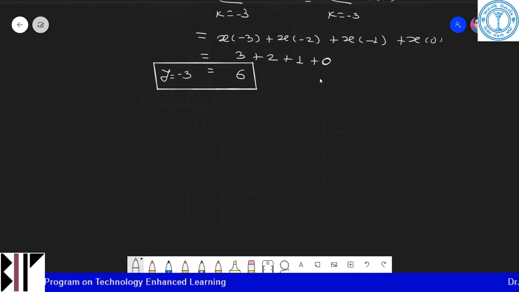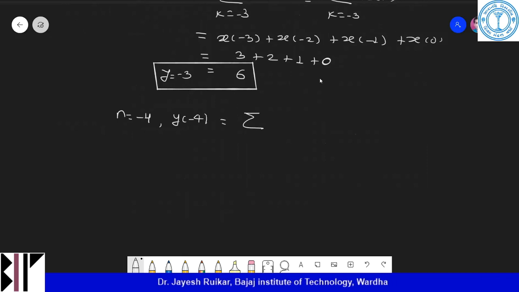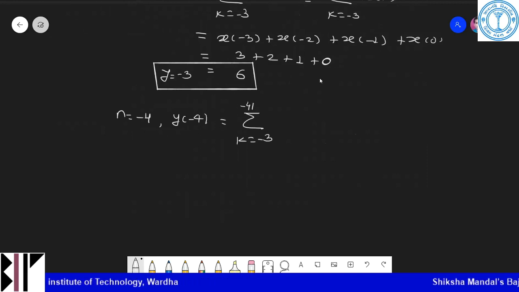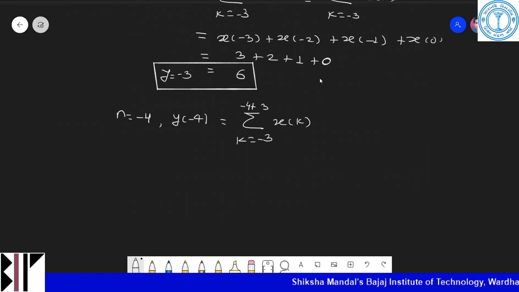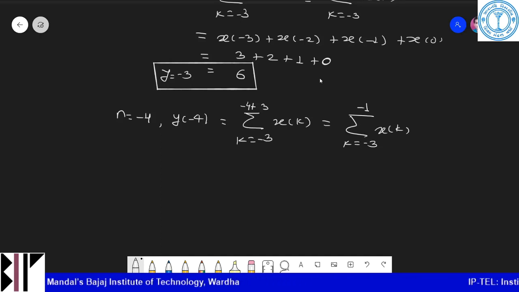Now you have to put n is equal to minus 4, so we'll get the value of y of minus 4. That is nothing but the summation k goes from minus 3 to minus 4 plus 3 of x of k, which is nothing but k goes from minus 3 to minus 1 of x of k.